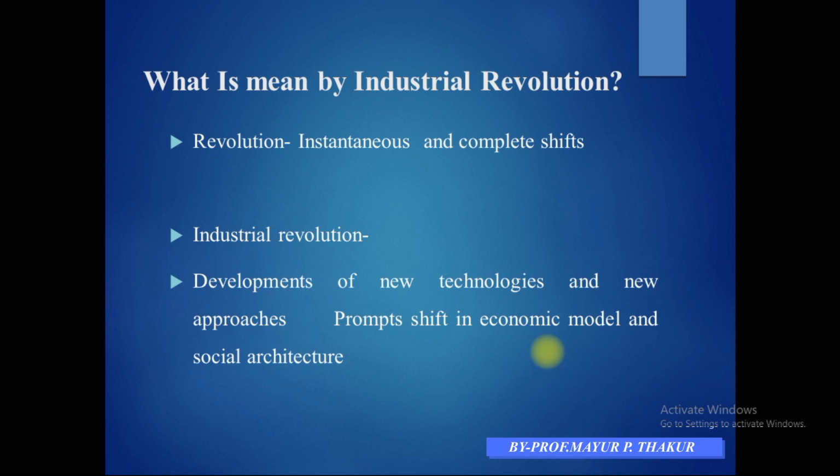This shifted the economy from a primitive, agriculture-centric economy to a more aggressive, machine-oriented economy. Consequently, the economic model changed, the social architecture changed, so everything was changed. So that is the industrial revolution.